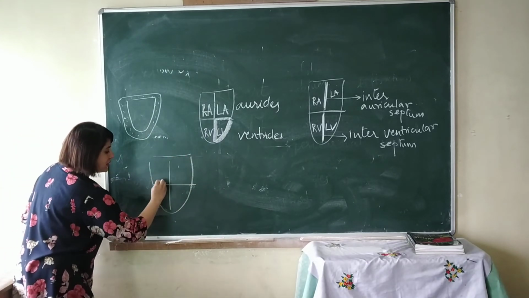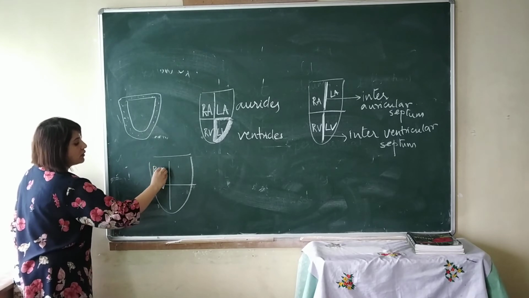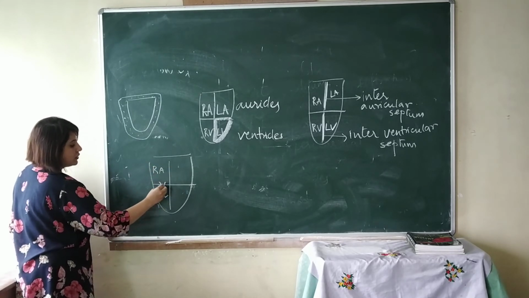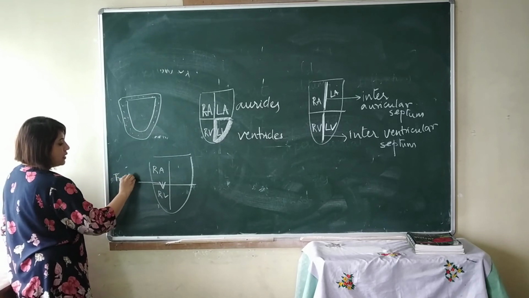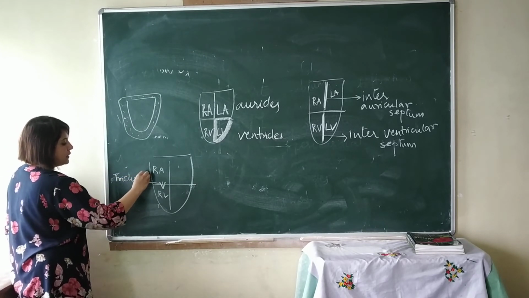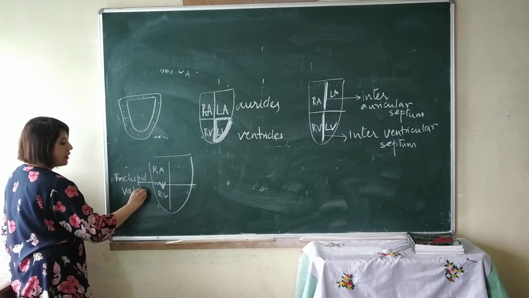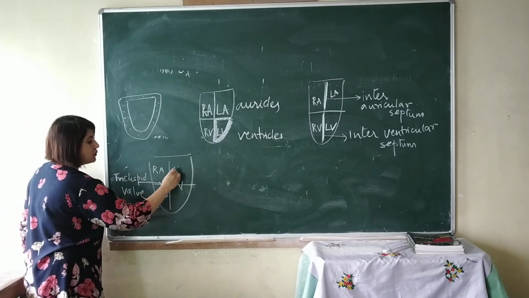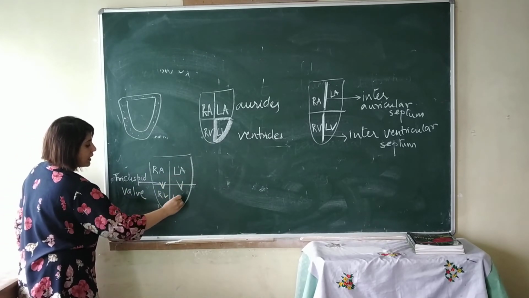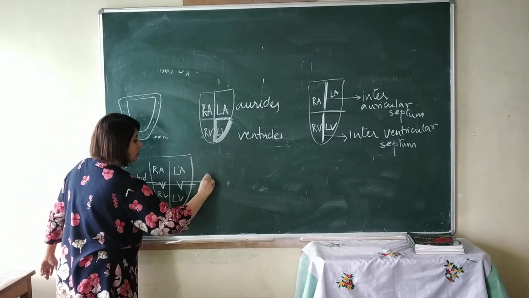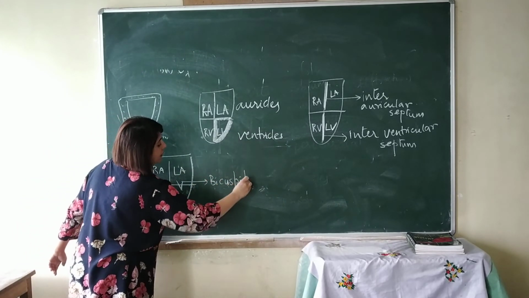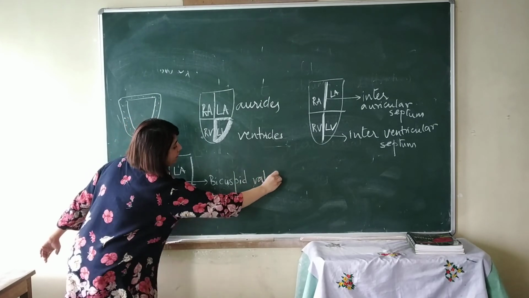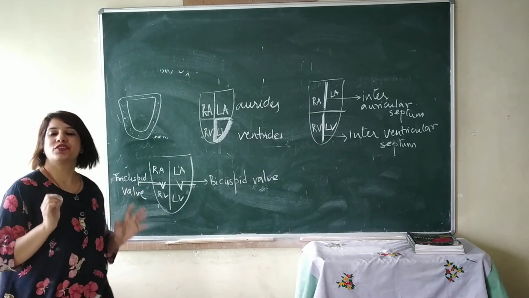The valve present between the right auricle and right ventricle is called tricuspid valve, and the valve present between the left auricle and left ventricle is called bicuspid valve. So we do this much for today.